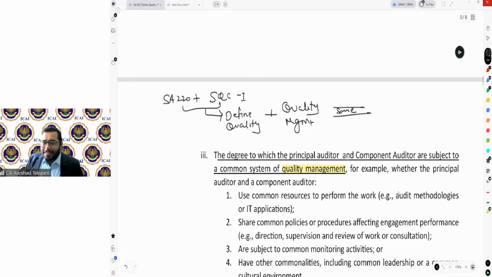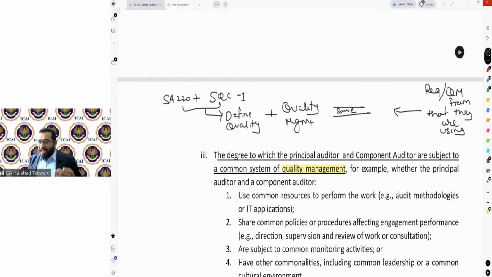So what are the standards, requirements, or quality management framework that they are using? Whether that is equivalent to the quality that we are delivering over here. If yes, then good.